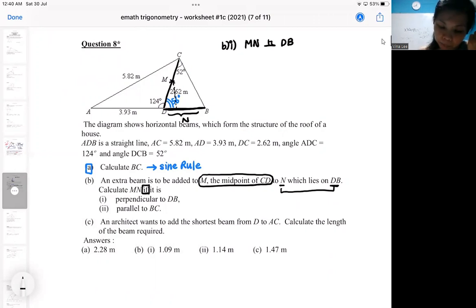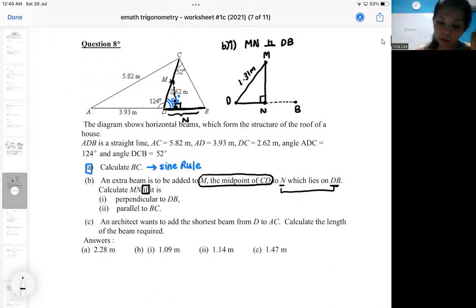So I'm going to draw it properly for you so that it's easier for you to visualize. So I'm going to enlarge the section on DM. So DM is half of 2.62, so that's 1.31. And then I'm going to make N perpendicular. So I'm going to drop M. So this is N. It means it's connected here.